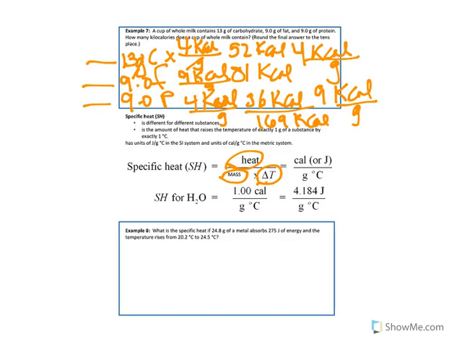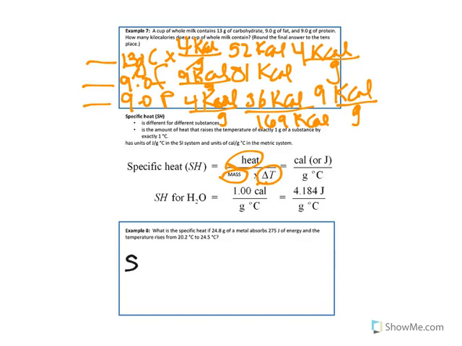Let's try an example. Example 8. What is the specific heat if 24.8 grams of a metal absorbs 275 joules of energy and the temperature rises from 20.2 degrees Celsius to 24.5 degrees Celsius?